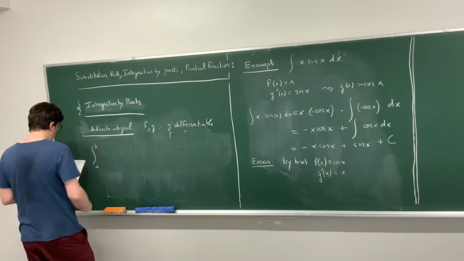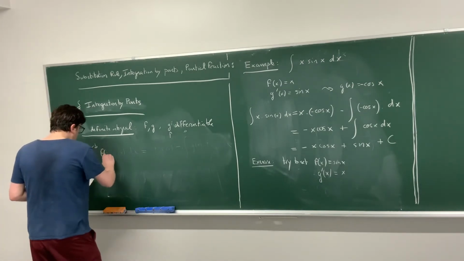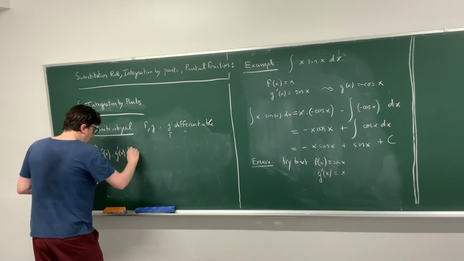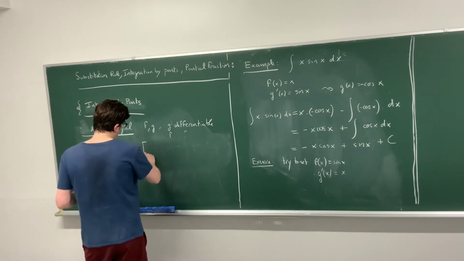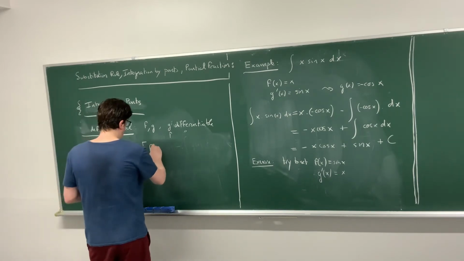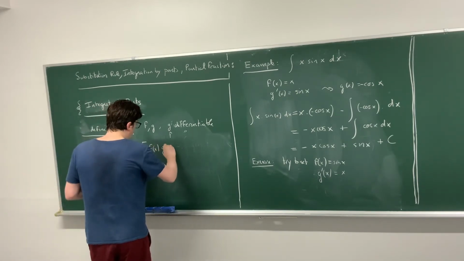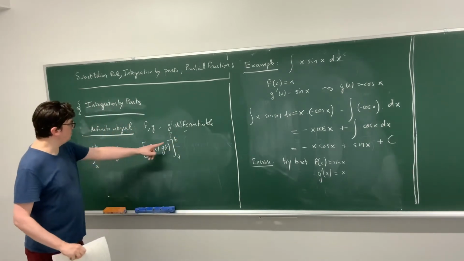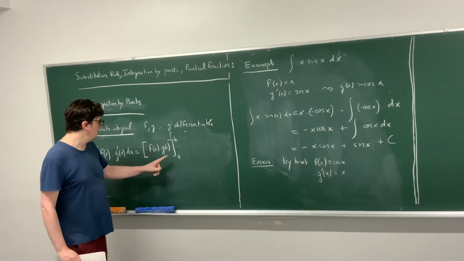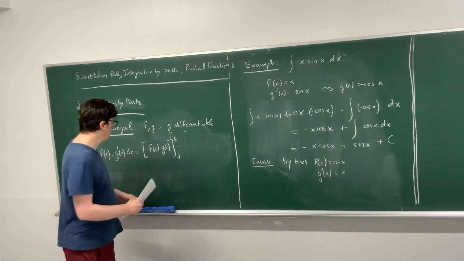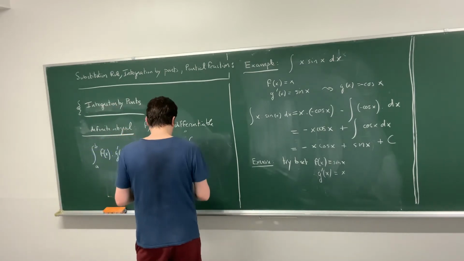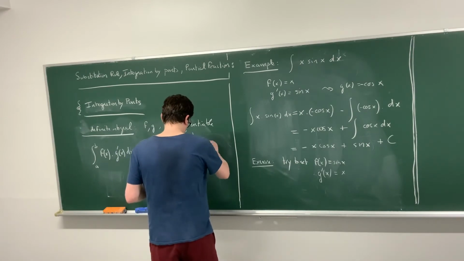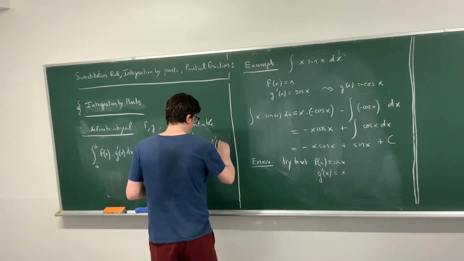If you want to integrate between a and b an integral of the form f of x times g prime of x, then you are going to use this symbol. Remember this means that you evaluate first at b minus this evaluated at a, okay? And then, not surprisingly, the definite integral of g of x times f prime of x dx.